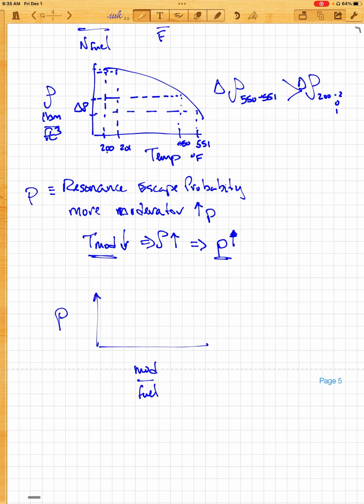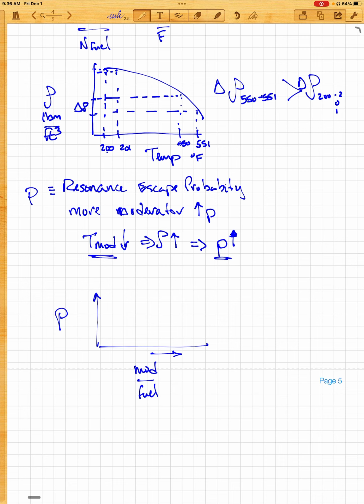Okay, so as the moderator to fuel coefficient rises, the ratio rises. What is that telling us? There's more moderator or there's less fuel.